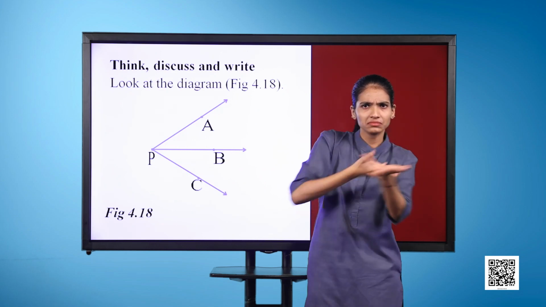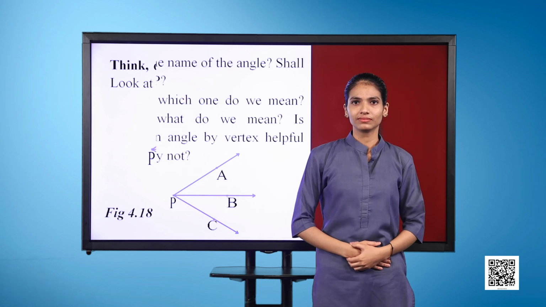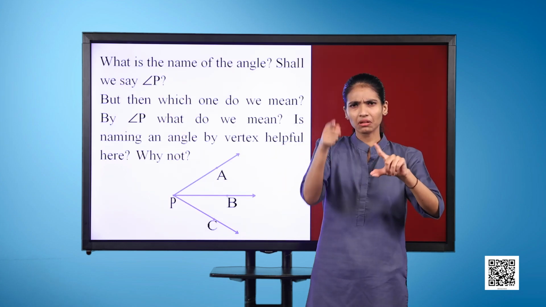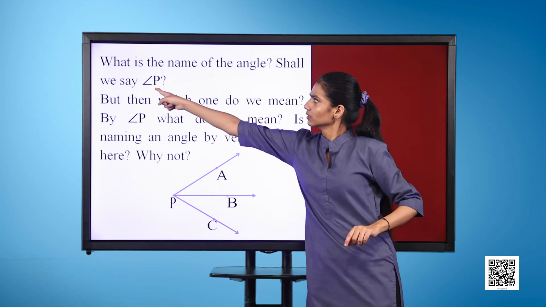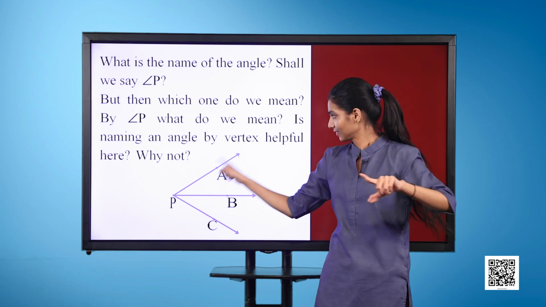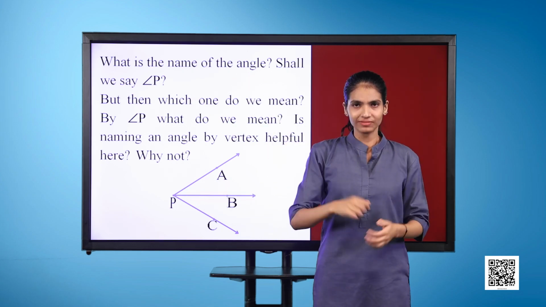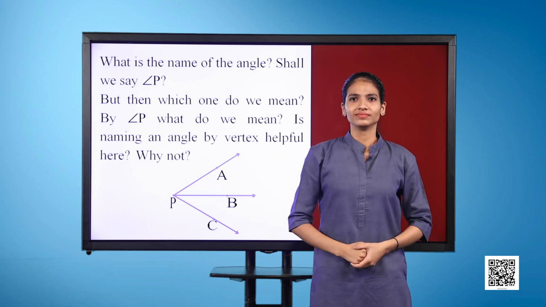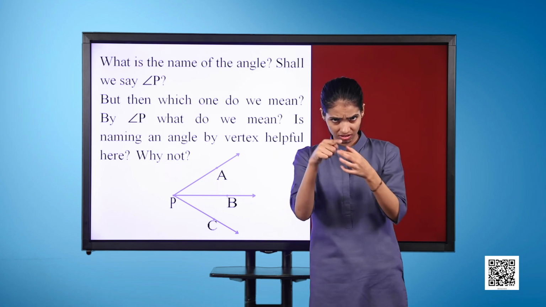Think, discuss and write. Look at the diagram, figure 4.18. What is the name of the angle? Shall we say angle P? But then which one do we mean? By angle P, what do we mean? Is naming an angle by vertex helpful here? Why not?